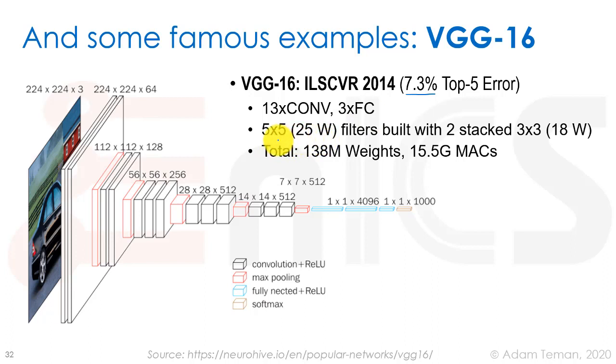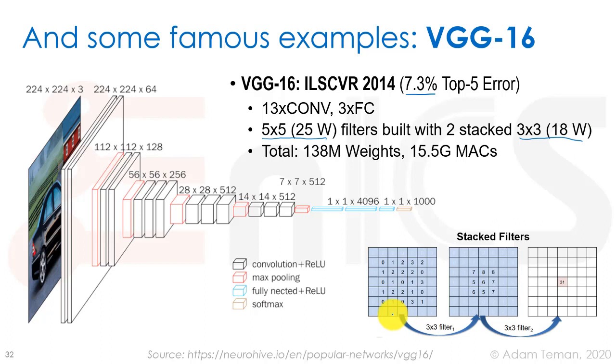The feature that's really interesting here: it had these 5x5 filters. 5x5 filters need 25 weights, but in order to save some of this weight storage at the expense of a bit more computation, I believe, it used stacked 3x3 filters. So if we have two 3x3 filters, each one has 9 weights, so 2 of them is 18 weights. And let's see how that works.